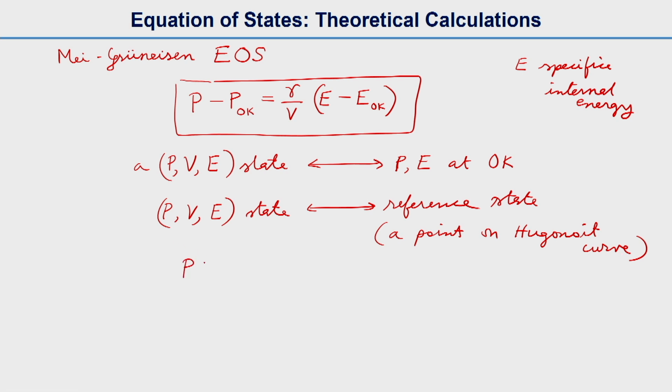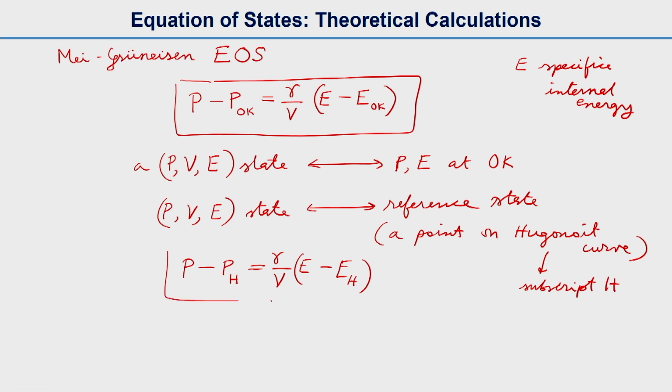Then we can write P minus P_H equal to gamma over V, where V is the volume, times E minus E_H. The subscript H means the Hugoniot curve. A point on a Hugoniot curve is that subscript H.